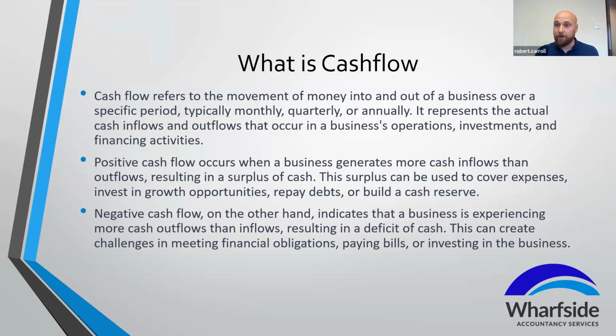Both of those things can happen. Fluctuations happen all of the time, and it's just important to understand why that happens and how you aren't left with too little cash in the business.